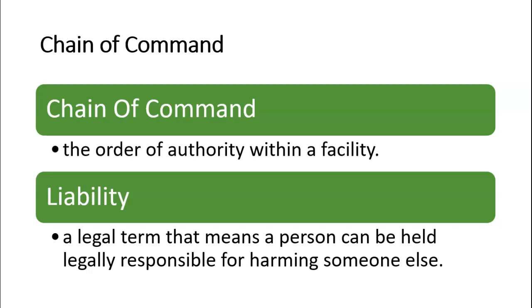If you're given an order by your supervisor to do something and it was not within your scope of practice, liability doesn't just fall directly on you, but it will also on your supervisor. So being aware, being responsible, these are all things that are part of being a CNA, but know the term liability.